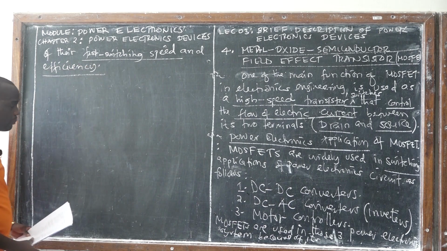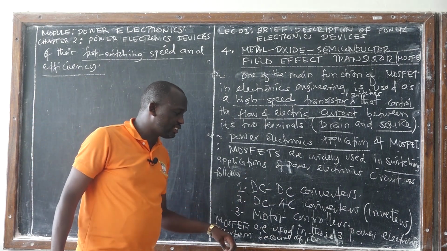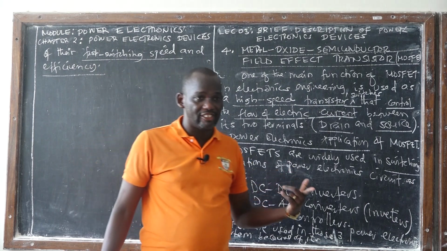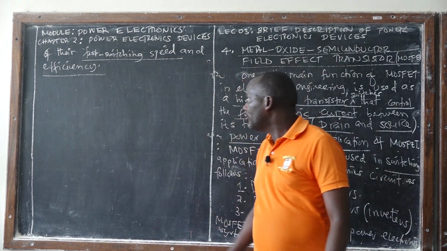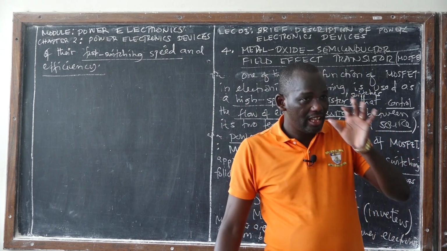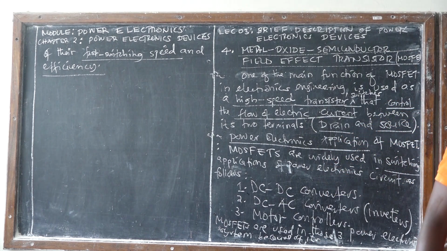So we are using MOSFETs in DC to DC converters, in DC to AC converters, and in motor controllers or motor drivers because they have a fast switching speed compared to other power electronics devices, and also they are more efficient than other power electronics devices.